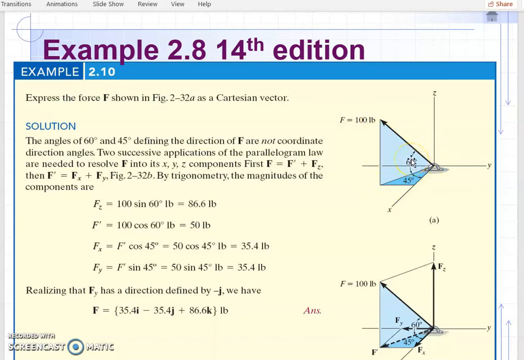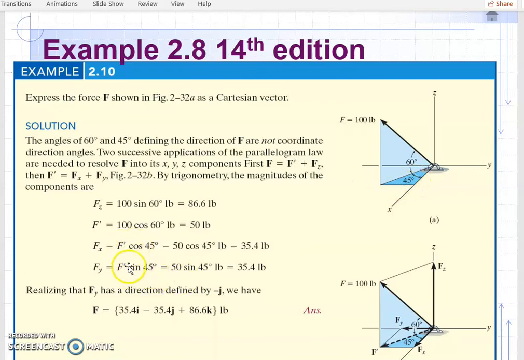And so the z part's going to be opposite to 60, so 100 sine 60. And then this part of it will be 100 cosine 60. And then that'll be the hypotenuse of this dark blue triangle, with that being x and that being y. And so I can take what I just have, and that's the hypotenuse. And so cosine 45 will give me the x, sine 45 will give me the y.